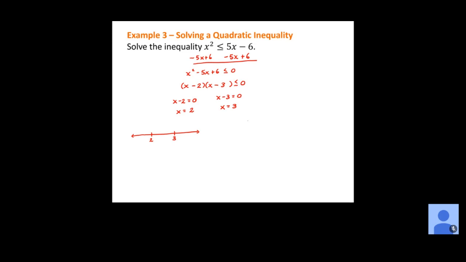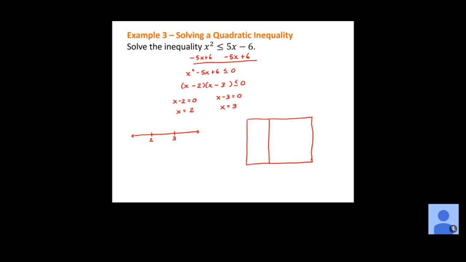Now, I'm going to create a table over here that divides up the intervals that I've created from that number line. This table is not a requirement, right? So it's helpful if you want to use it, but if you don't and you can do it just using the number line, by all means, that's perfectly fine with me.